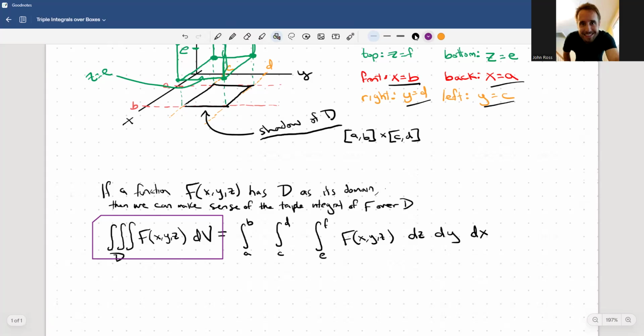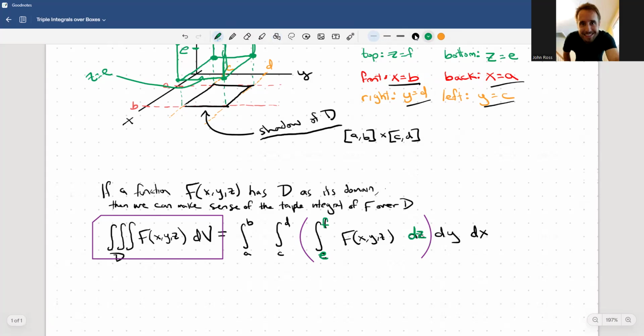So our triple integral can be computed as three single integrals. On the inside here, we're going to start by integrating our z values. So this is an integral as z goes from e to f, lowercase e, lowercase f. Those are our bounds there. And we're going to integrate our triple integral dz.